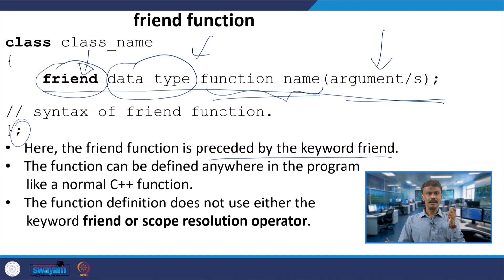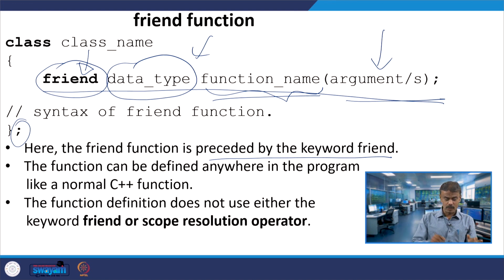In a similar way you can define a function and inside the class make it a friend. If you look at the second point, the function can be defined anywhere in the program, like what you had done in C++. And the last point is that the function definition does not use either the keyword friend or the scope resolution operator. So, you can define it as a normal function.